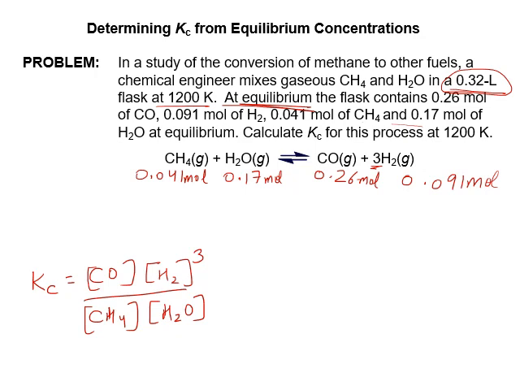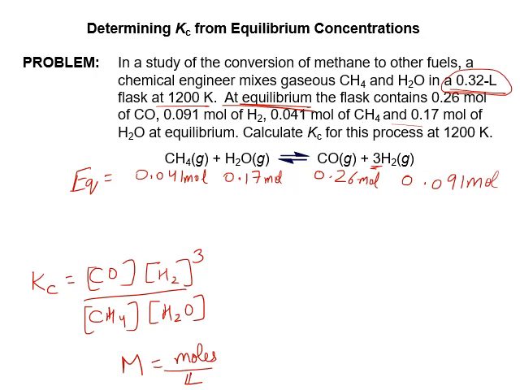What I need now are these concentrations at equilibrium. And remember, this is concentration, meaning molarity. Molarity is moles over volume in liters. What's given to me is the amount at equilibrium in moles. I know the moles, I just have to figure out the molarity.